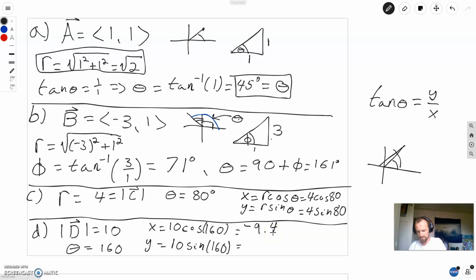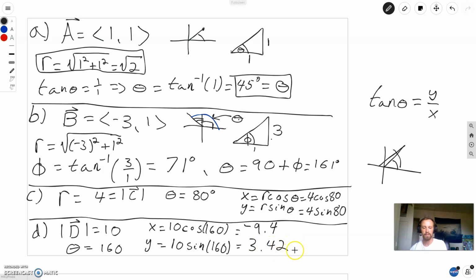I'll get 10 times the sine of 160 equals 3.42. And this angle was pretty close to 180 degrees, so I would expect the value of this x to be greater than the value of this y.